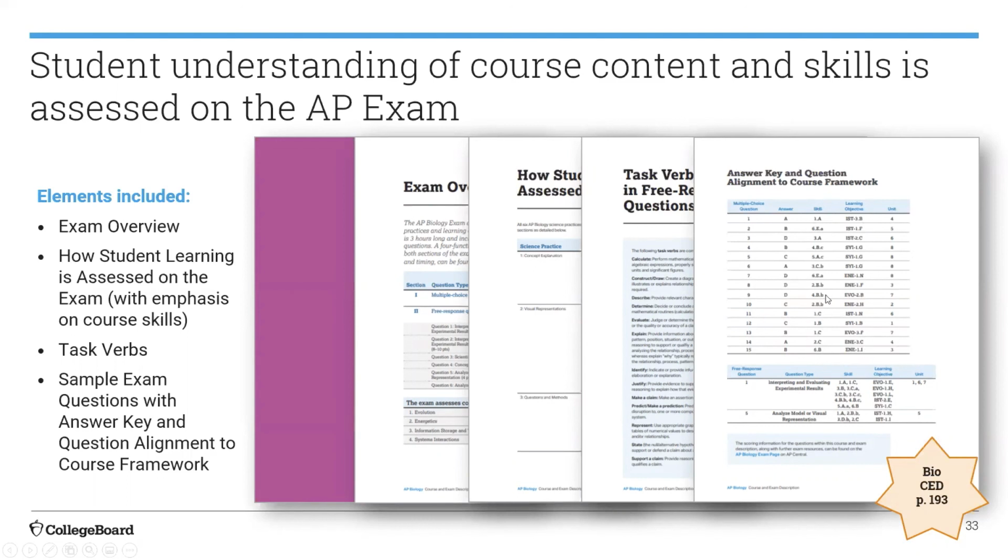So if you're wondering what skill 1A actually looks like in a question, you can go to multiple choice question 1 in the course and exam description and see how that skill is manifested in an assessment item. We did that here for a reason, so that you would get a better sense of how the skill and the content play out together on the exam.